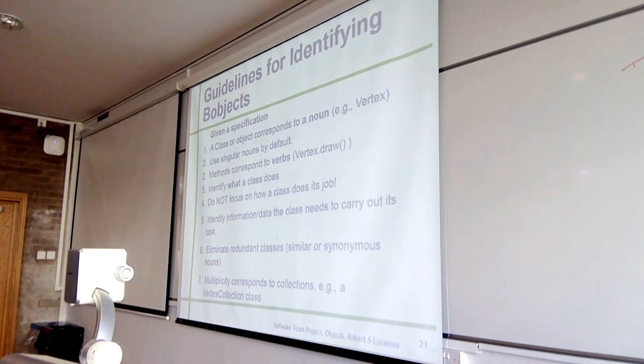So you're just looking at the text, and then you're looking at the first rule. A class or object corresponds to a noun. So you're looking at this text, and the first step is to identify the nouns.